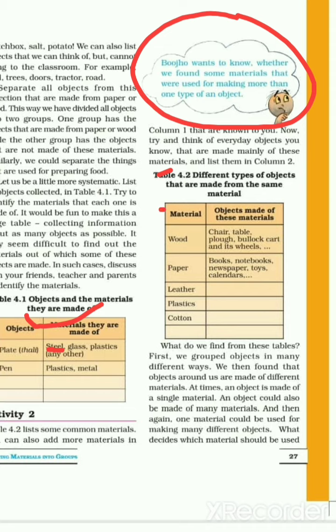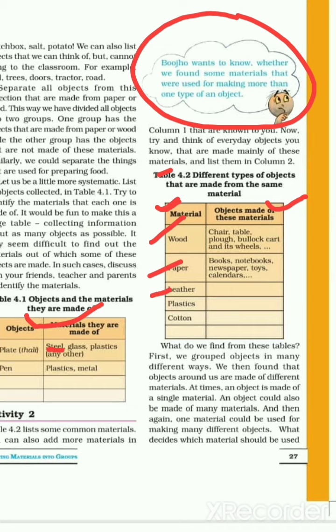Let's see, material is given in the first column and in the second column objects made of these materials. Suppose the first one is wood. So chair, table, plough, bullock cart and its wheels. So these many things are made of wood. If we talk about paper, then with the help of paper, books, notebooks, newspaper, toys, calendars are made.